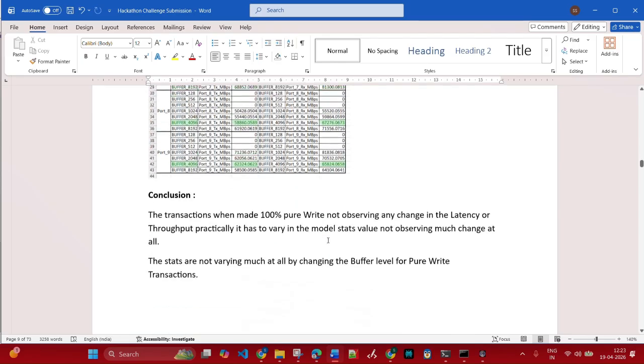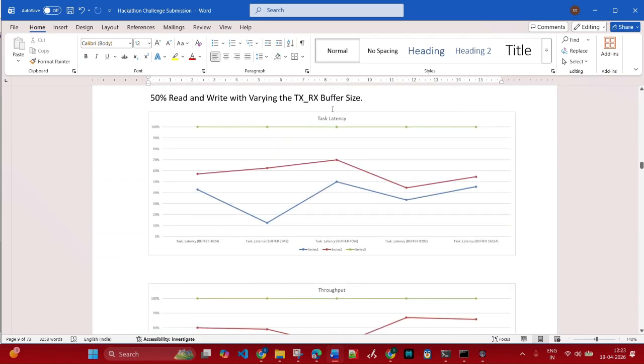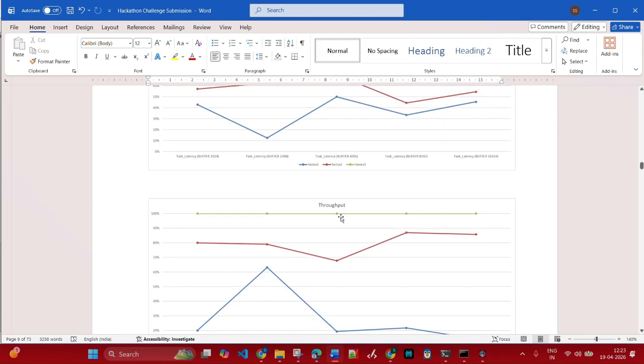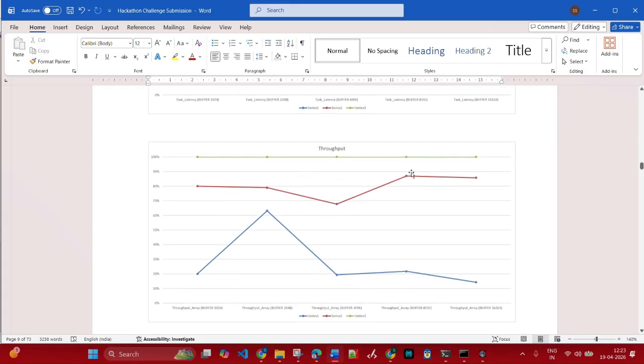In a similar way, when I consider the 50% read or write simulation, for task latency the best scenario I'm observing is at 2048, and even at 8192, the slight difference is from 4096. Even the throughput is better at 8192, and at 16384 it's constant. Even for 4096 it's constant for TG2, and TG1 is also constant. Only for TG2 is there slight variation.